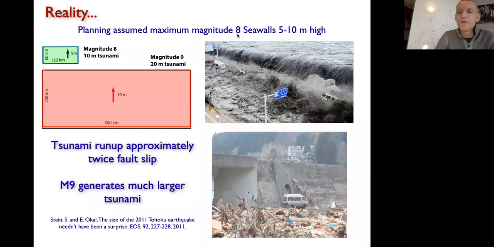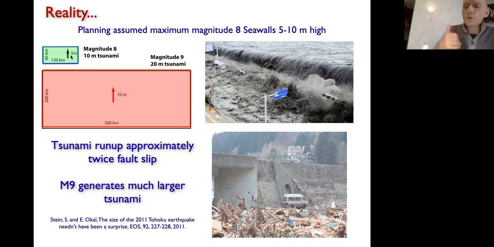And so if you have a magnitude 8, here it seems tiny, but can you imagine a magnitude 8 in front of the Mediterranean coast, or in other countries? Well, it's going to be a very scary event, but not for Japan. The average slip for magnitude 8 is 5 meters.